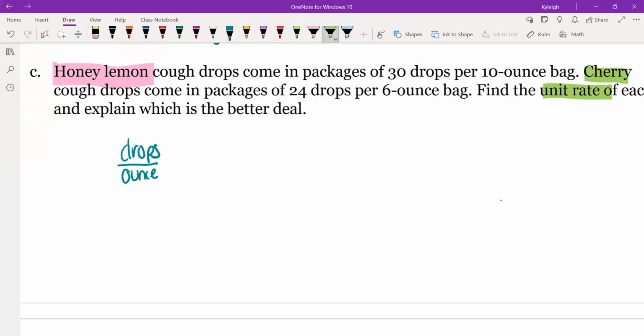And I know that because it says drops per ounce. Okay. So I would compare the two and then figure out which is the better deal. So we'll talk about that, but just find the unit rate for honey lemon, and then find it for cherry. Okay. And we will compare them. So drops over ounce for both. Take a moment, find those unit rates.